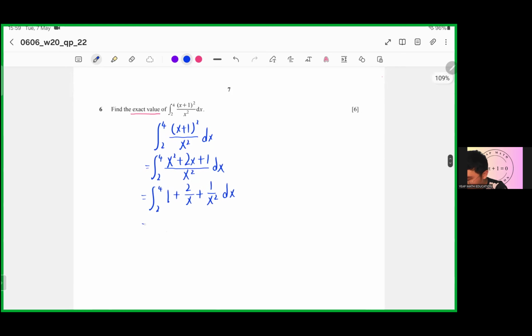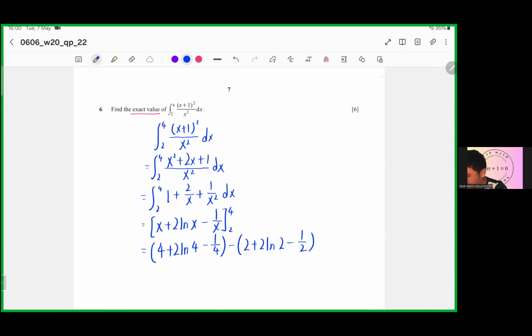Now we integrate: x plus 2 ln x minus 1 over x, from 1 to 2. I hope you can understand this part. Now we see next: 4 plus 2 ln 4 minus 1 over 4, and then minus 2 plus 2 ln 2 minus 1 over 2.